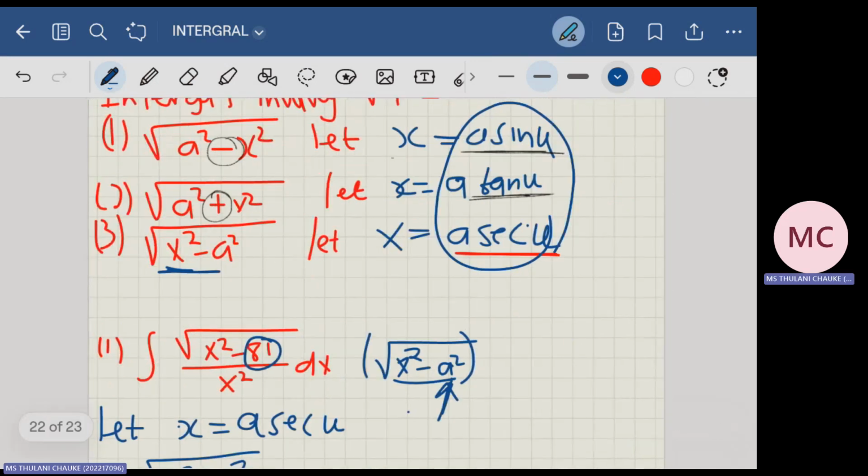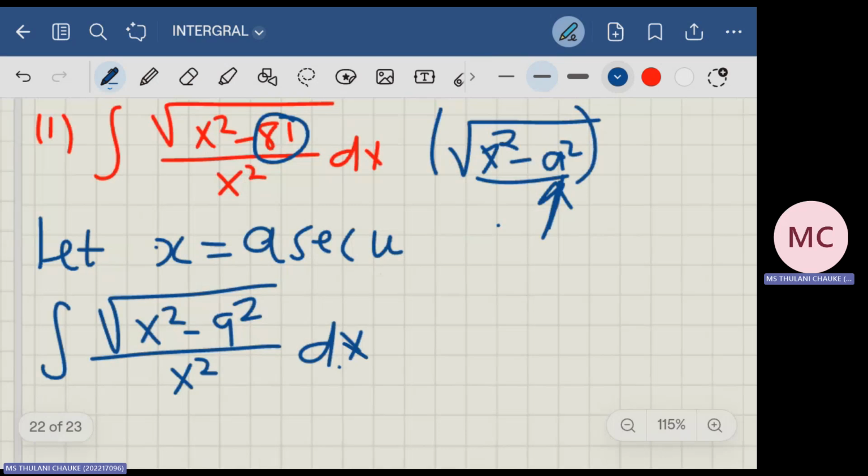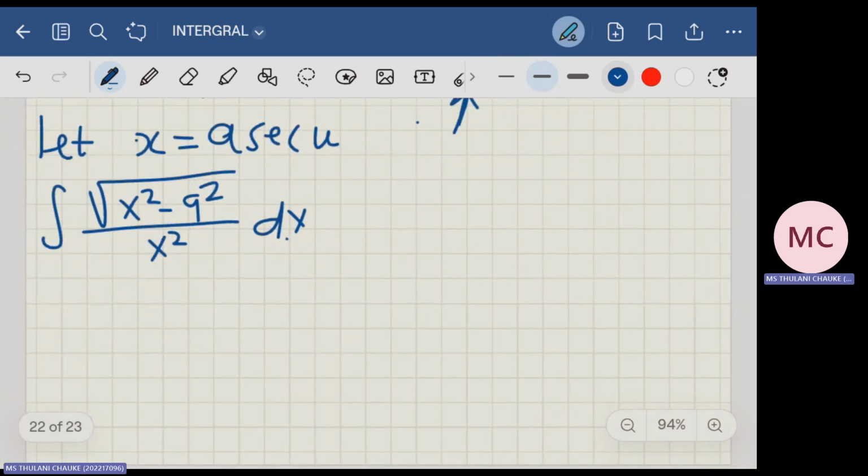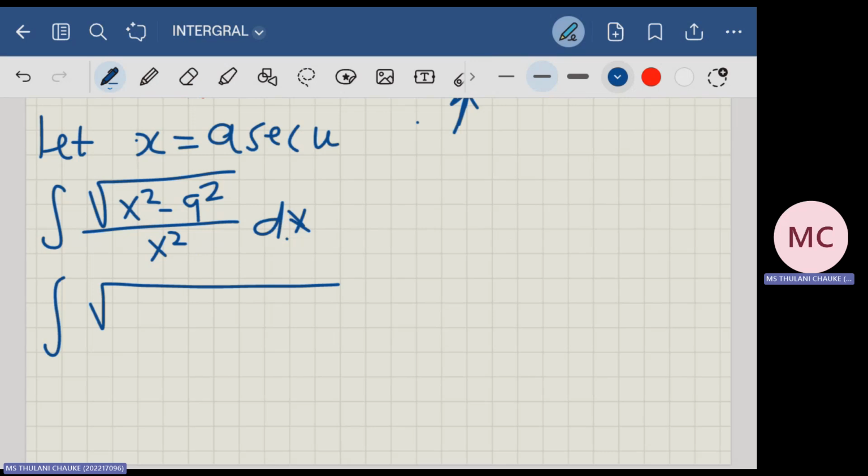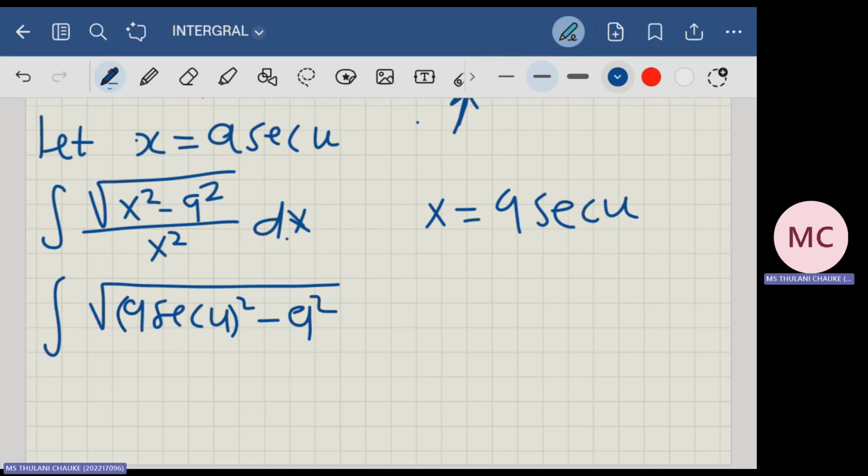Now we're going to say the integral, then when there is x, we will replace it with 9 sec of u. Then this will be 9 sec of u all squared minus 9 squared all over x squared dx.